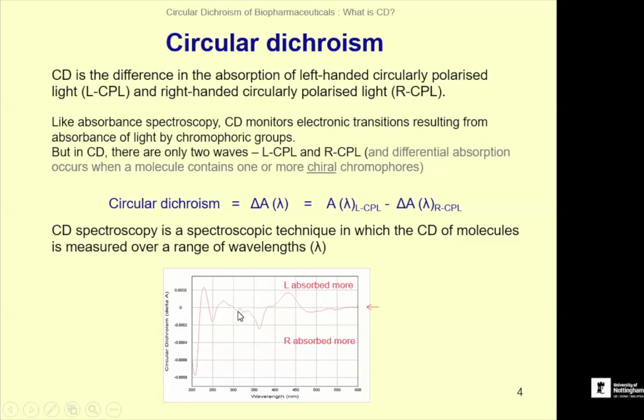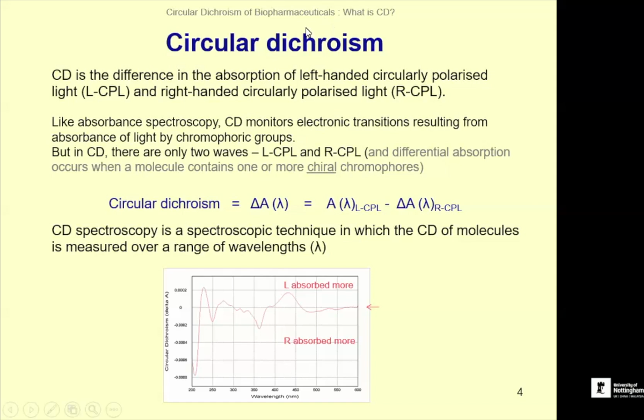If it's a positive value, more of the left-hand light is absorbed by that molecule, or it can be shifted into the negative CD values, and that indicates that more right-handed light is absorbed by that particular molecule. There's no pattern, there's no way of really predicting what you're going to get, but that spectrum shown here is characteristic for that molecule in that sample.